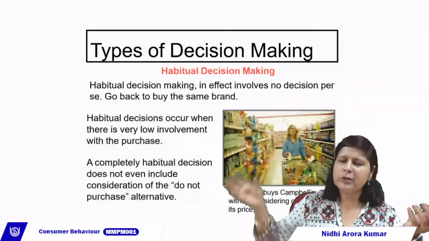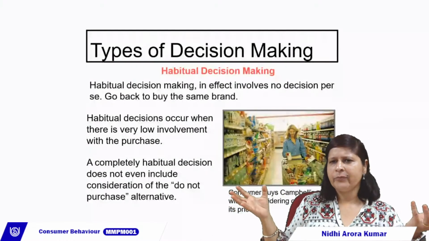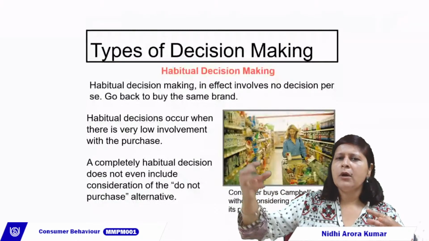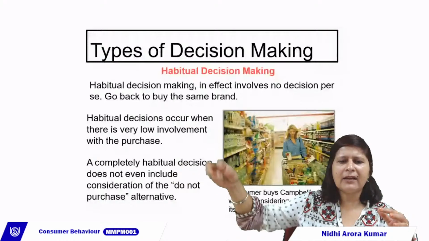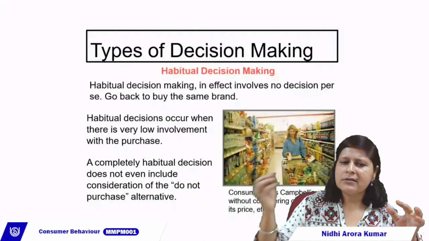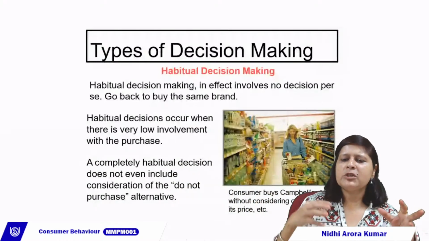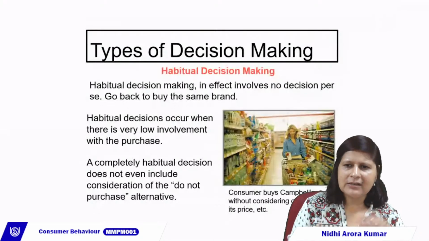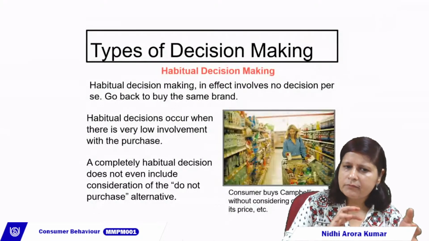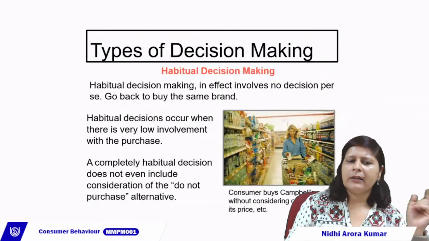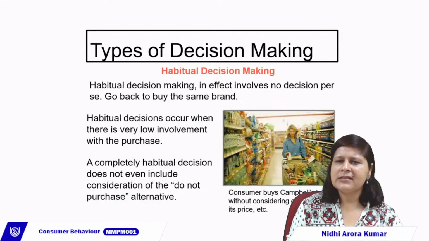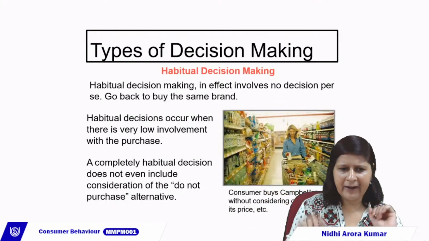Suppose we are habitual to have the same type of bread from the same company, this is habitual decision making. It does not require much purchase involvement.